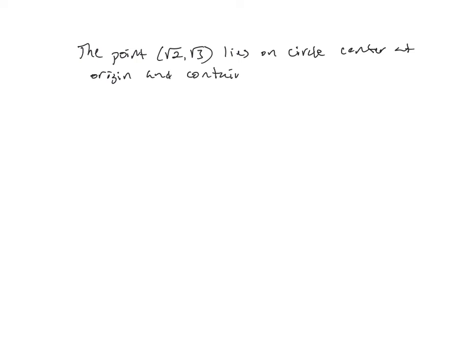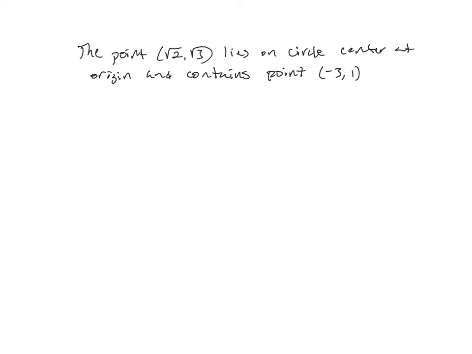So it says the point square root of 2, square root of 3 lies on a circle centered at the origin and contains the point -3, 1. Or something like that.